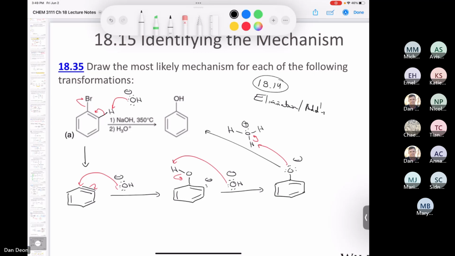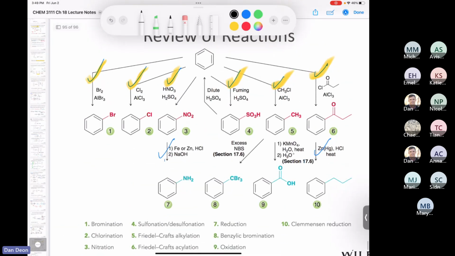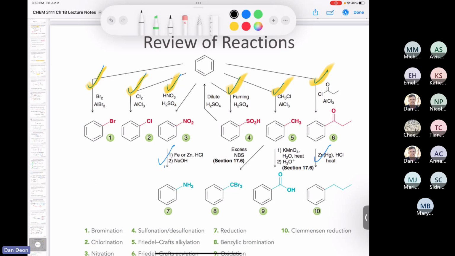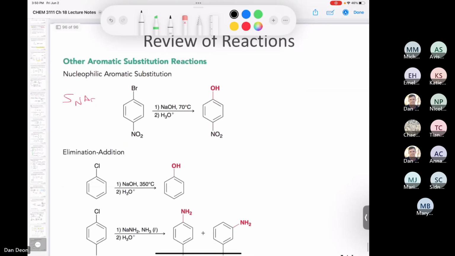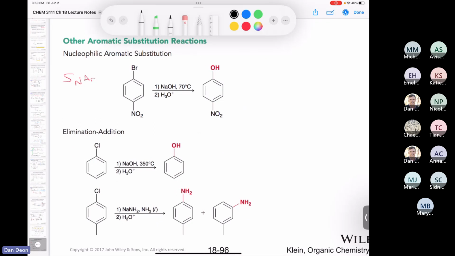All righty. With all that in mind, that brings us to the end of the entire thing. So all the reactions have been covered now. And remember, we went over SNAr, we went over elimination addition. So there's two types of elimination additions. The ones with NaOH are at 350 degrees Celsius, okay?